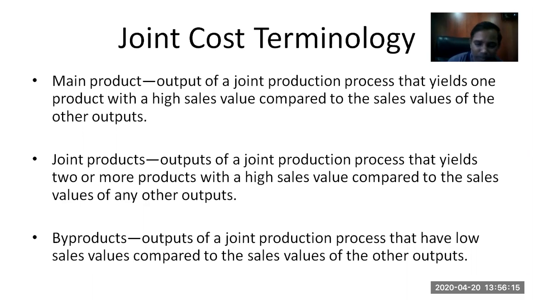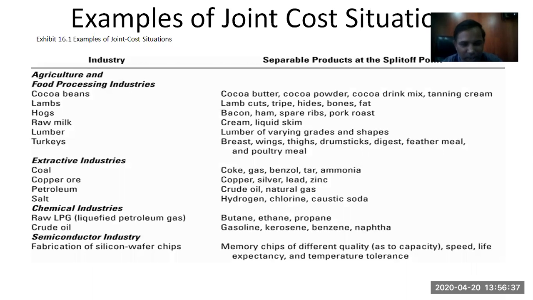Byproduct is an output of the process, though not desired, that is there in your hands, or is having a very low sales value compared to the sales value of other outputs, and can also be termed as a byproduct. So I hope this is clear.